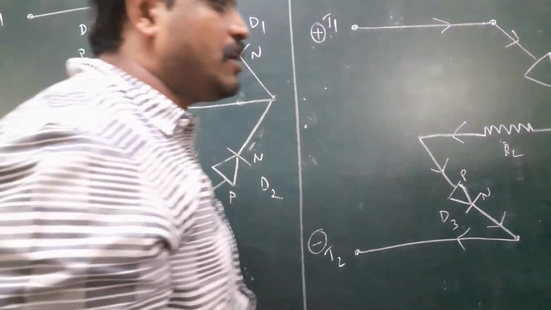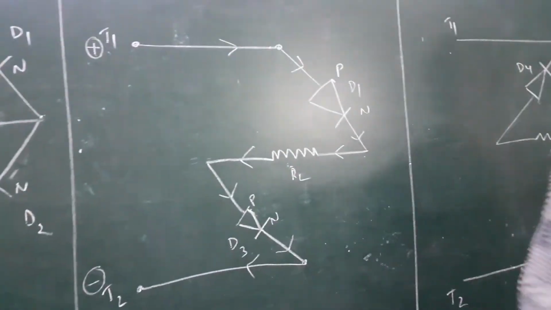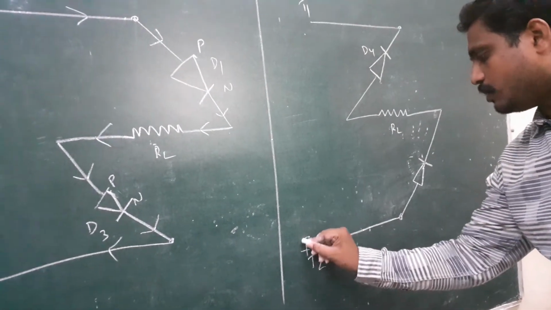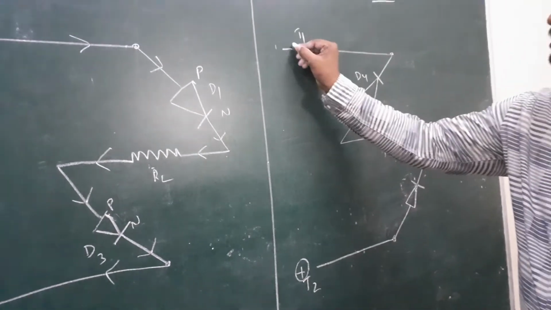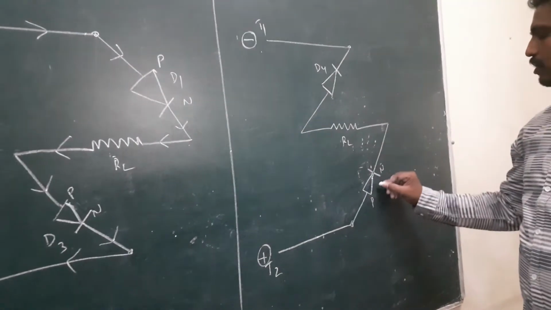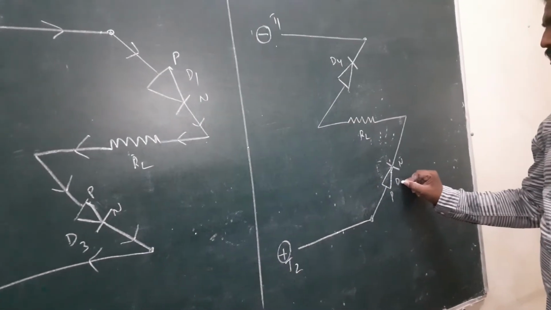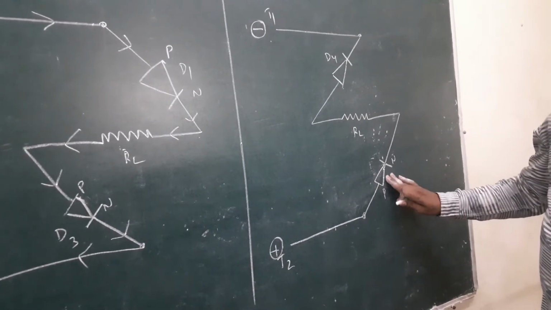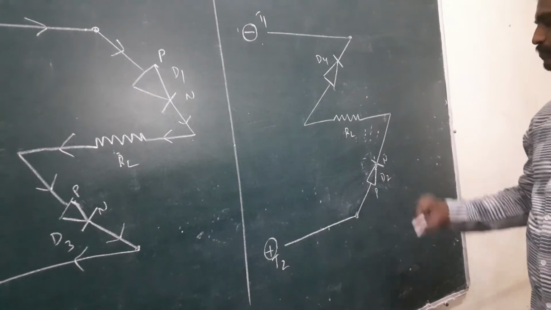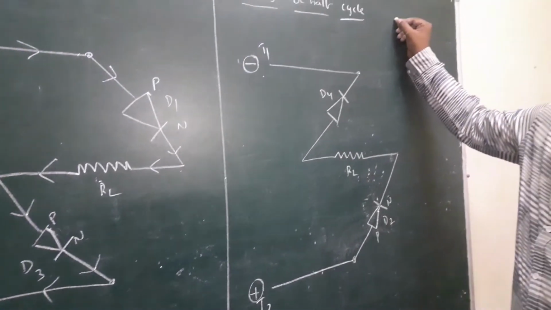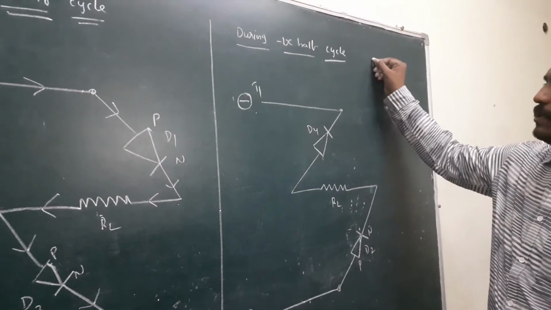See the diagram here. According to the question, during the negative half cycle this is plus and this is minus. In the negative half cycle, which are reverse bias?